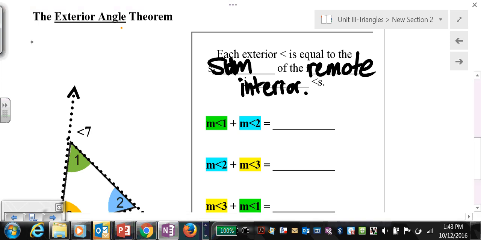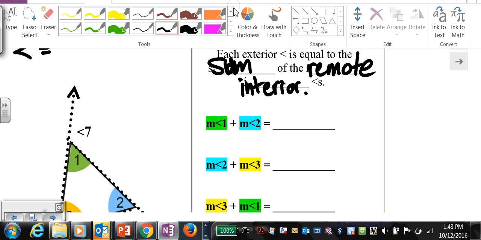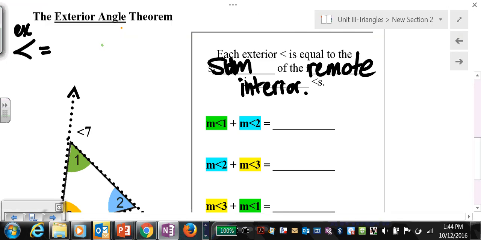Let's write it down this way: EX, exterior angle, equals angle plus angle, and write the word INT. One exterior angle equals two interior angles.